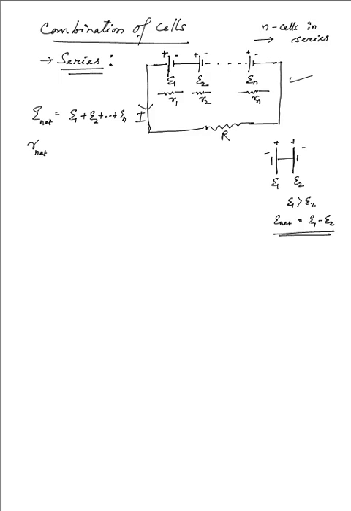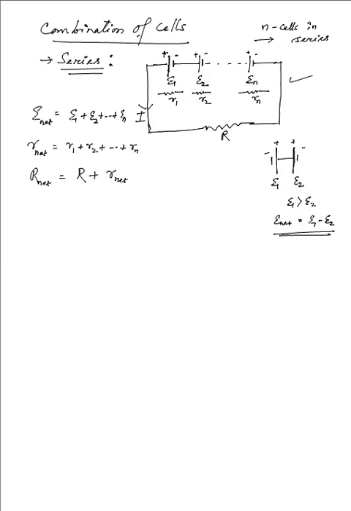So the net resistance in this case for the internal cases is equal to R1 plus R2 going up to n terms. But what about the external resistance? That also is in series with all these resistances internally placed within the cells. That is why we have the final net resistance as capital R net, which is equal to the external resistance plus the sum of the internal resistances taken in series.